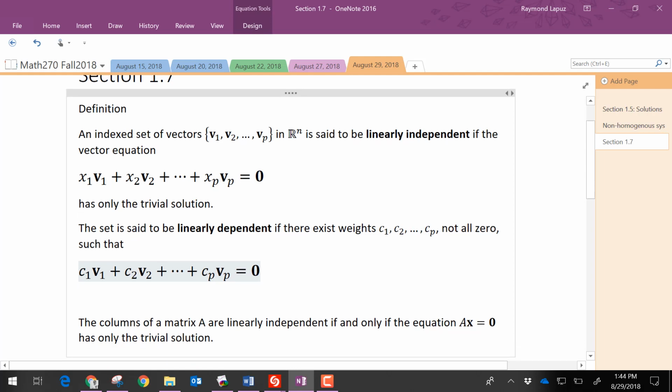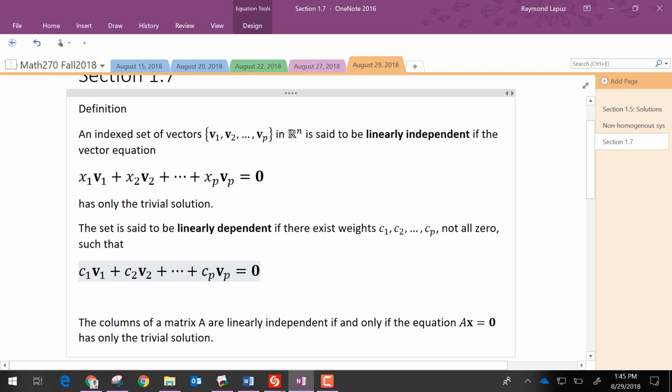So the idea of linear independence is really important here. In a more theoretical math class, they would be doing a lot of proofs proving things are linearly independent.